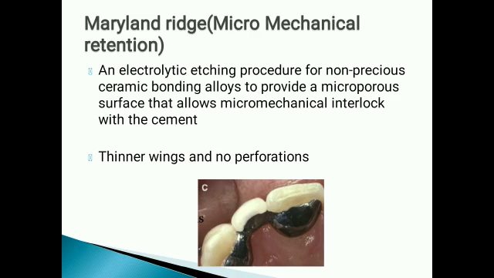Coming to the technique of etching, the suggested etching techniques that can be employed while fabricating the Maryland bridge can be broadly divided into electrochemical etching and non-electrochemical etching.